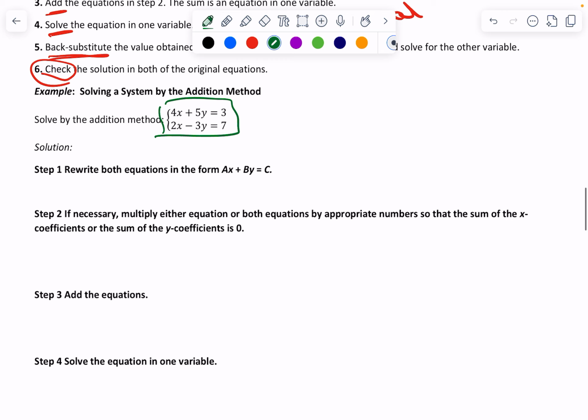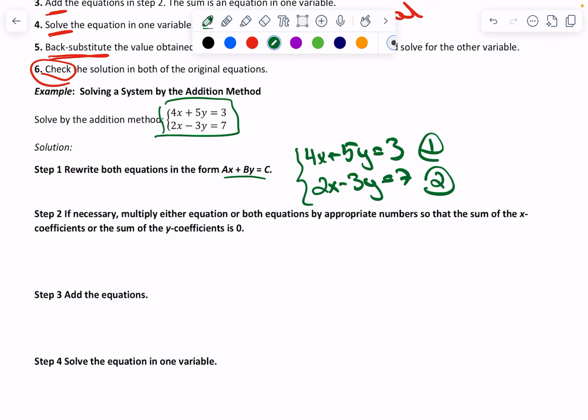Okay, so we're going to rewrite both equations in the form ax plus by equals c. Well, if we look at our equations here, they both are already in that form. So we have equation 1 and equation 2.